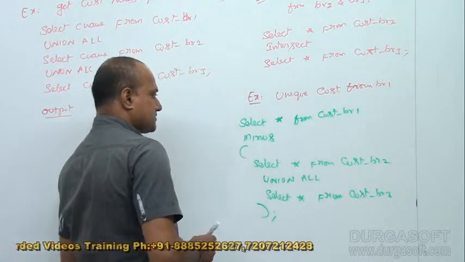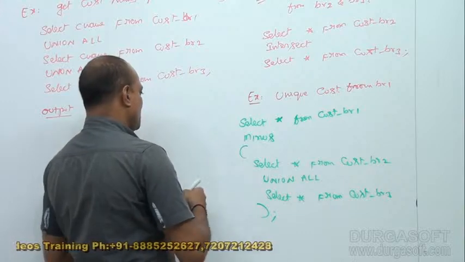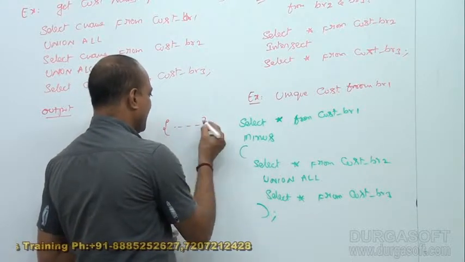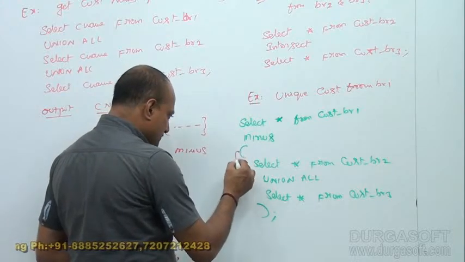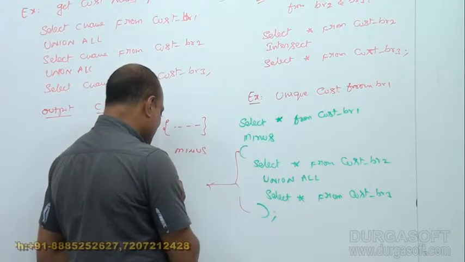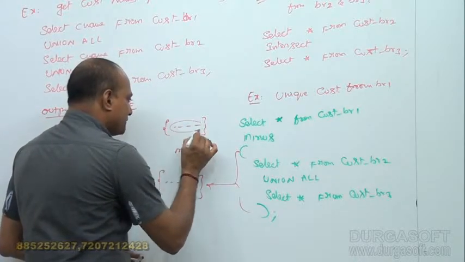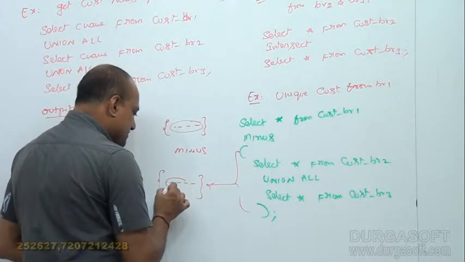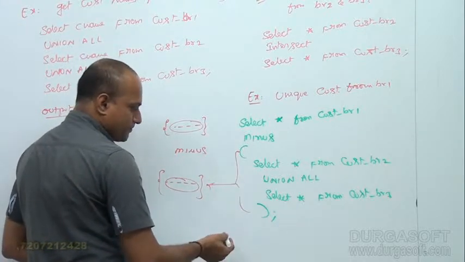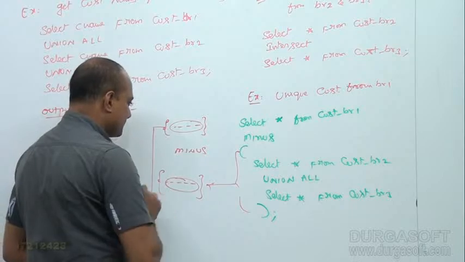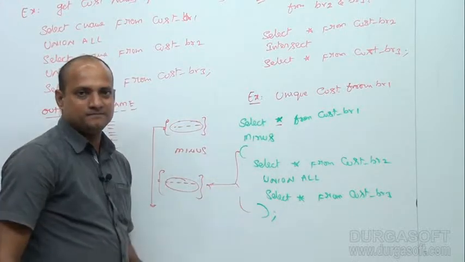Finish. So first it will select the output from branch 1. You are getting some values. Minus, from these two statements you are getting some output. If any of these values repeat in those values, that repeating value is eliminated from the output. Only unique values are selected from the output you are taking from branch 1.